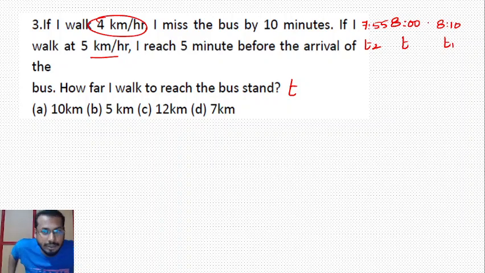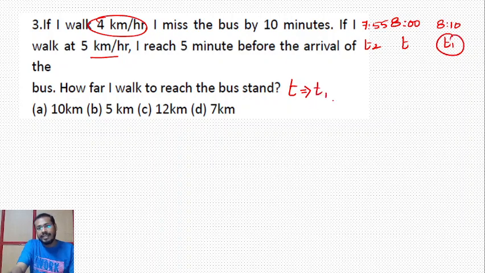So what we need to do? Write an equation for reaching the bus stand at the right time. Look at this. If I want to reach the bus stand at the right time, now I am reaching at T1, that means 8:10. So from T1 I need to subtract 10 minutes, because already I was reaching there at 8:10.